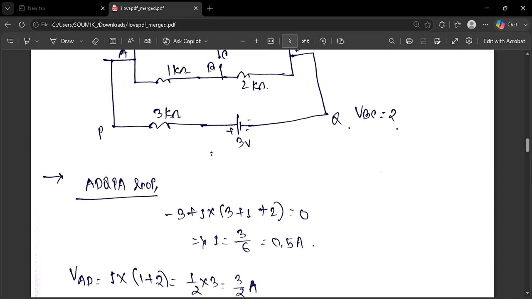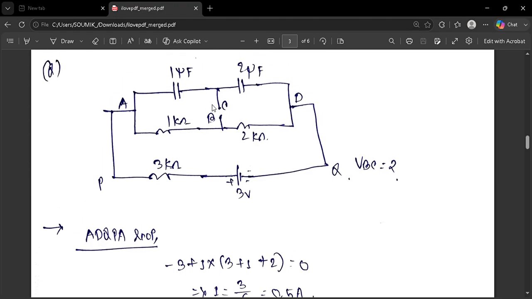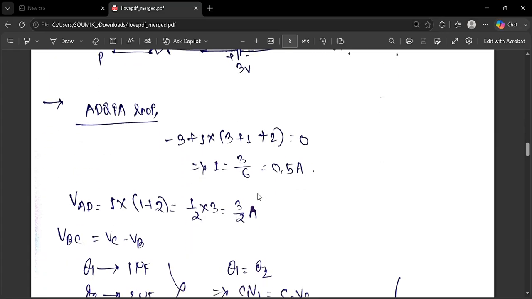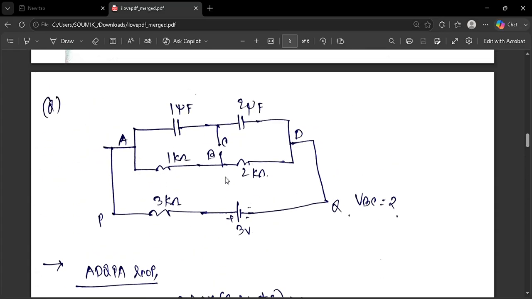We have to find VBC, the potential difference between these two points. Another thing is that these two capacitors are in series. So if we assume the charge of each capacitor is Q, the charge of both capacitors will be Q. What is VAD?